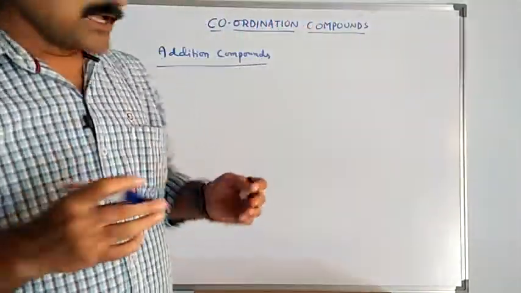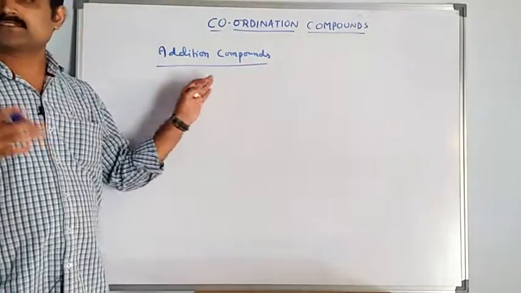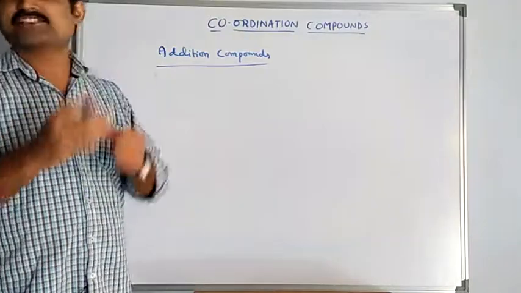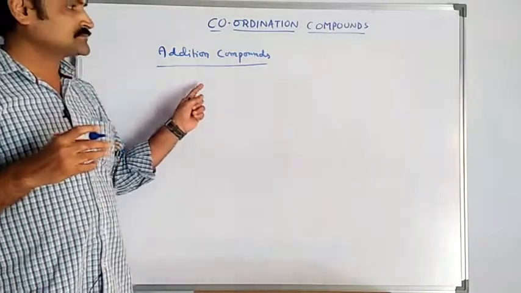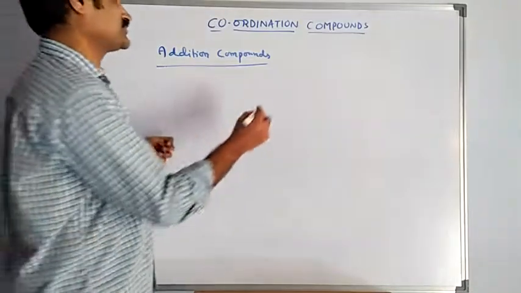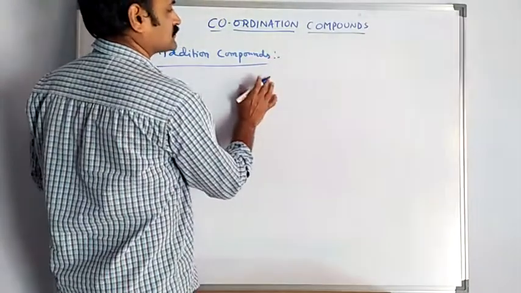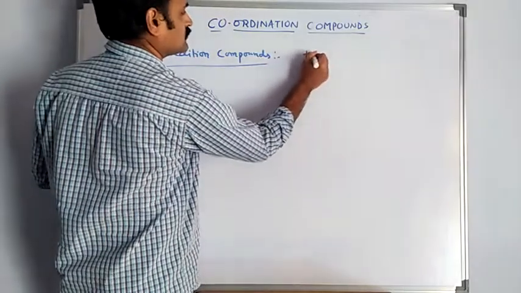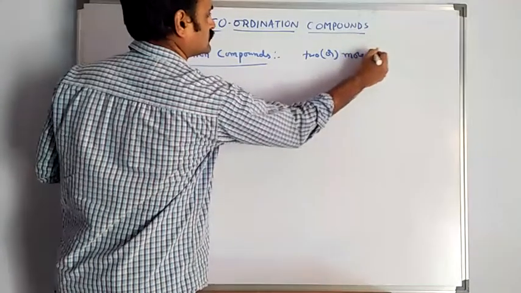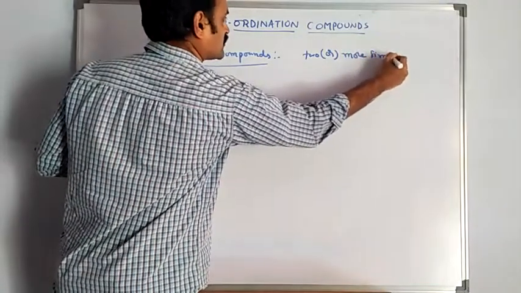Actually, addition compounds are obtained by crystallization in solution. They contain two or more simple salts.